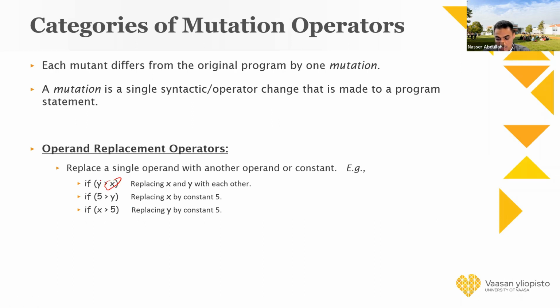For example, the first mutant just replaces x and y. It was x greater than y, I just change it to y greater than x. This is another option. I replace one by a constant. You can also replace the other one.